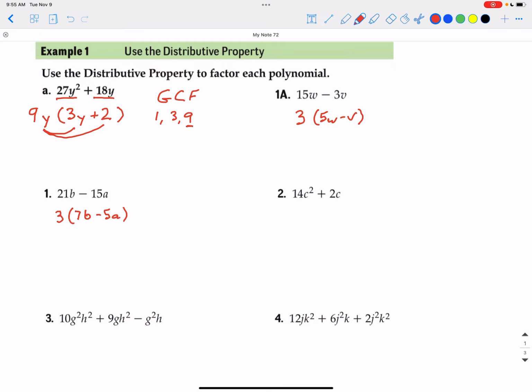Well, 2 goes into both of them, and here's another one where both terms contain at least one c, so we are going to factor out a c. And then we divide to figure out what's left inside parentheses. 14c squared divided by 2c is 7c. And 2c divided by 2c is just 1. So it is 2c, parentheses, 7c plus 1.